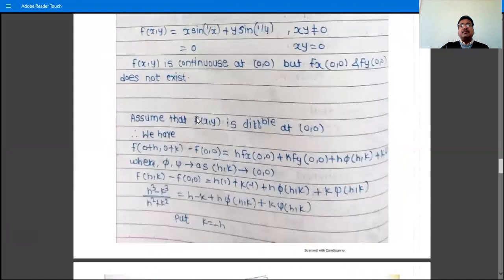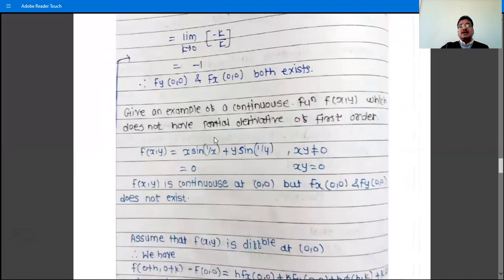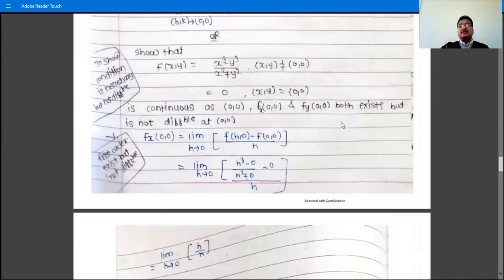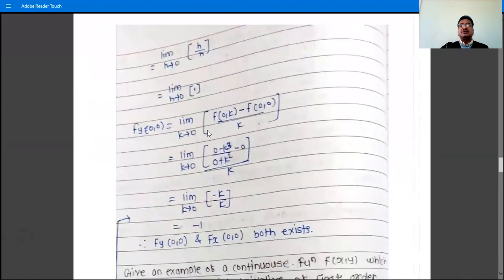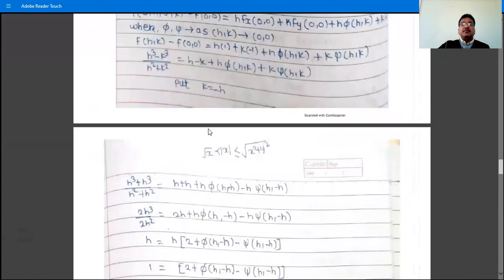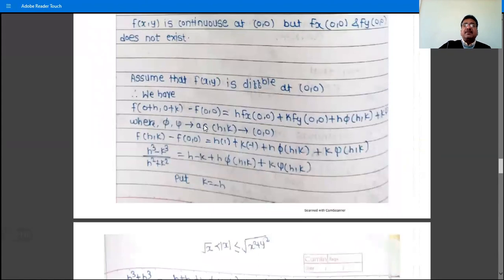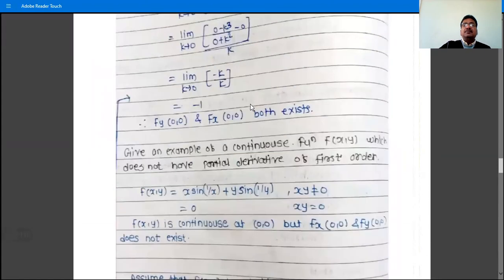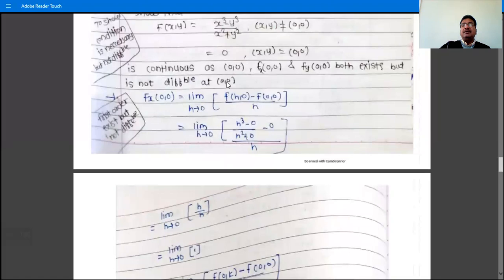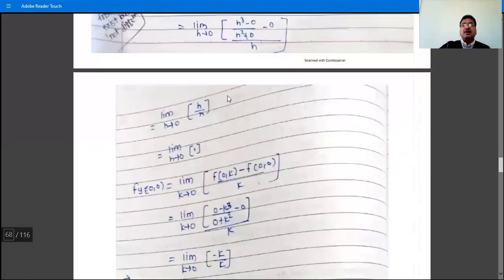This is another form of the previous example. Then the proof of this part, that this function is not differentiable at (0,0), is by the contradiction method.